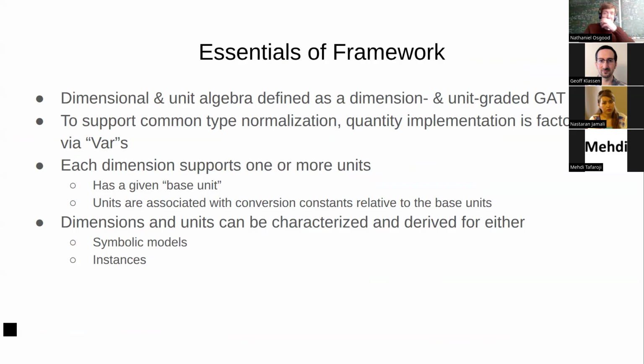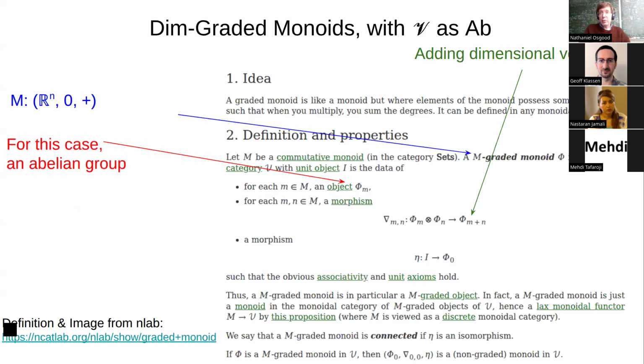But the essential idea here is that we define what's called a generalized algebraic theory. Uche defined one which incorporates dimensions and units. At a technical level, if anyone watches this from a category background, I'll note that it fits into this whole scheme.